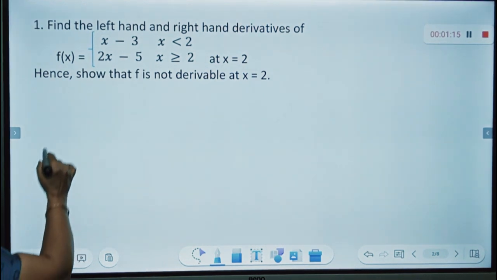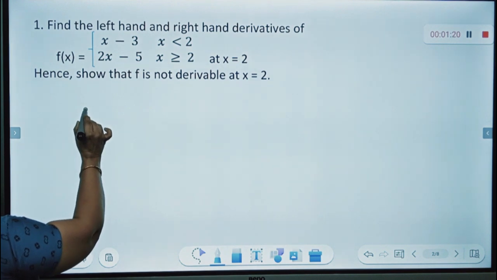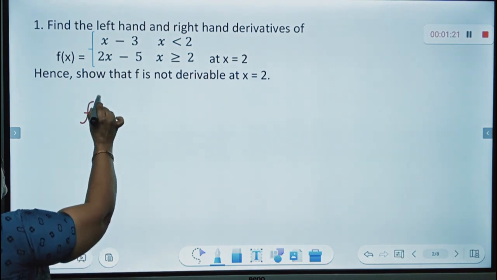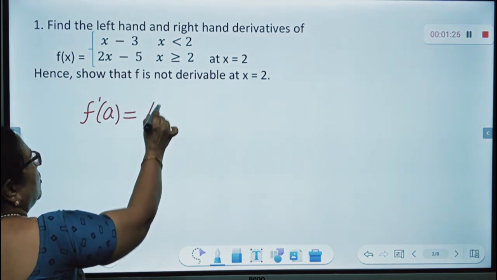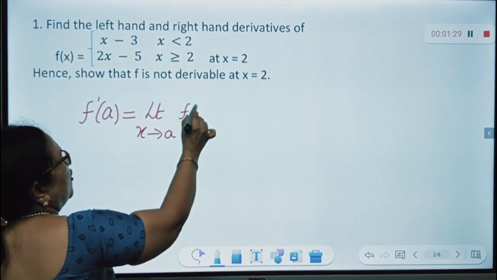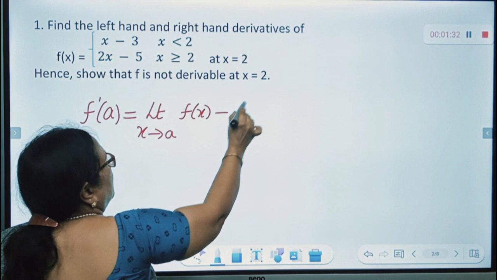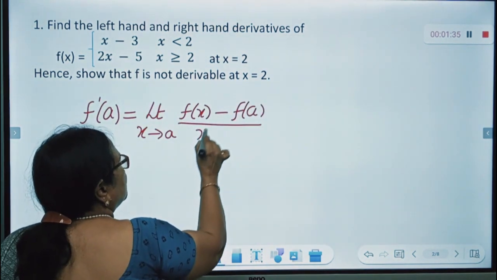So what is the formula for the derivative of a function at a given point? f dash of a is equal to limit x tends to a, f of x minus f of a by x minus a.